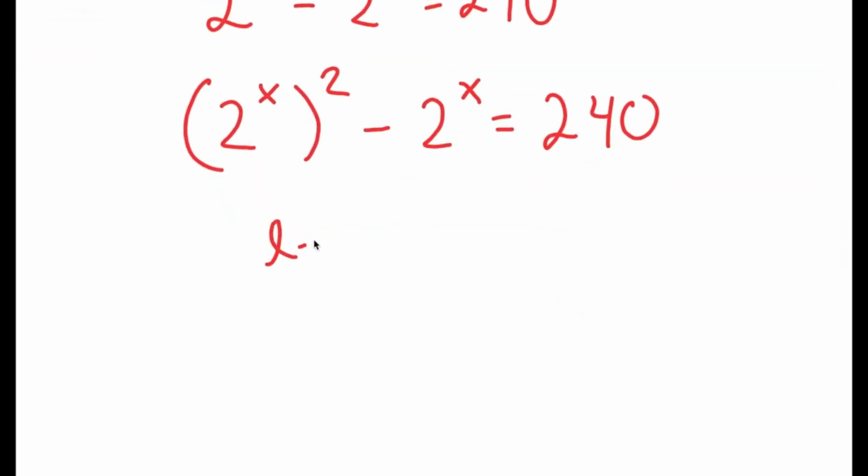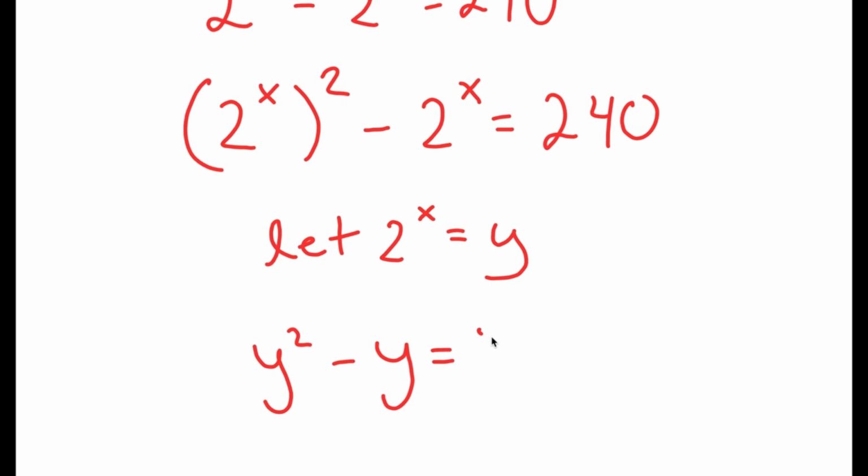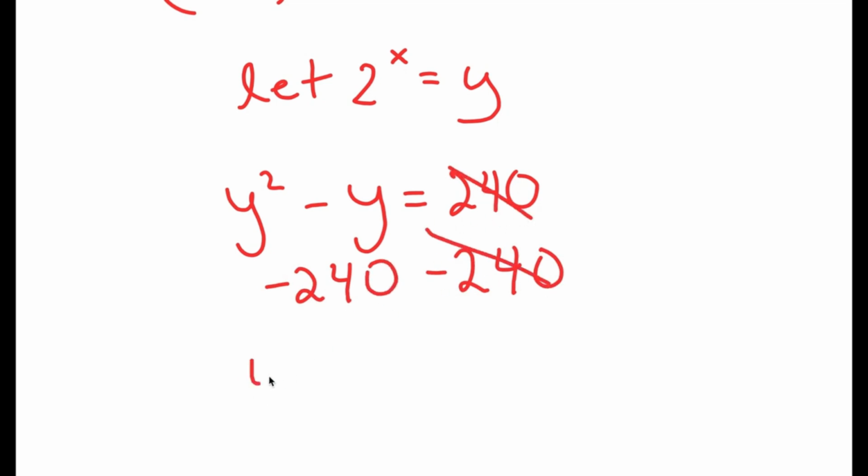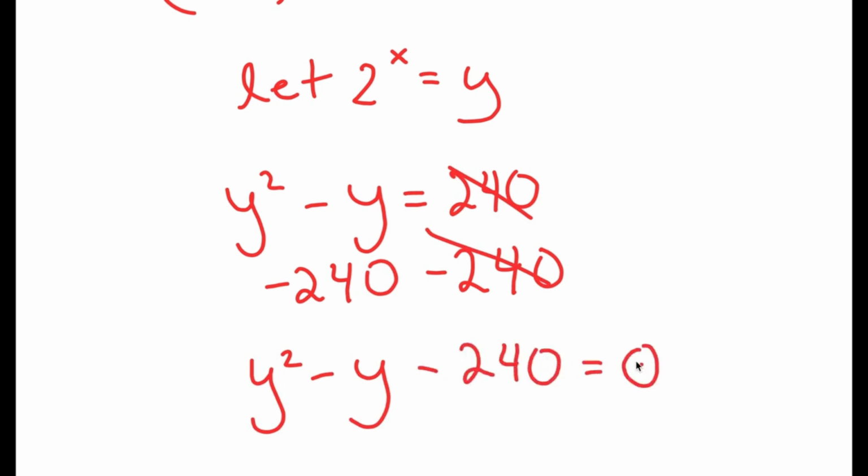Now from here, I'm going to let 2 to the power of x equal to the variable y. So if I substitute in y for 2 to the power of x, I get y squared minus y is equal to 240. And now I can subtract 240 on both sides. So these two cancel out, and I get y squared minus y minus 240 is equal to 0.